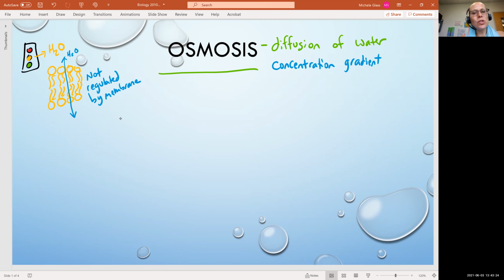And so this super, super duper matters because dependent on the ECF, the extracellular fluid, cells can gain or lose water.